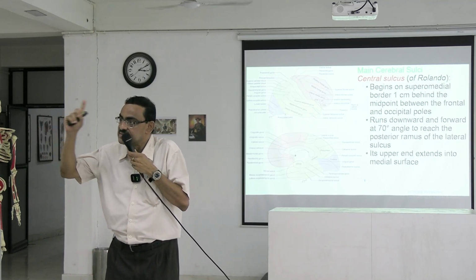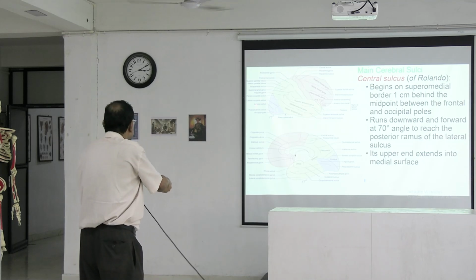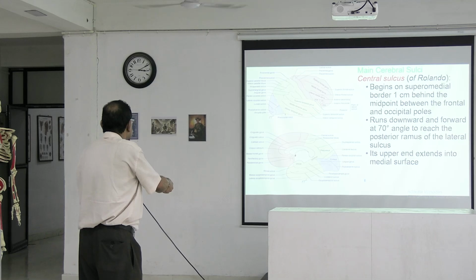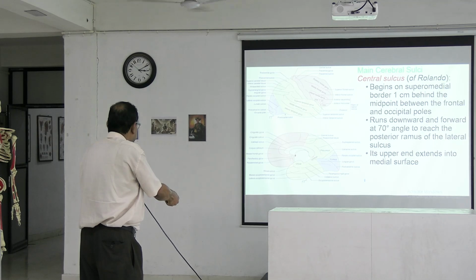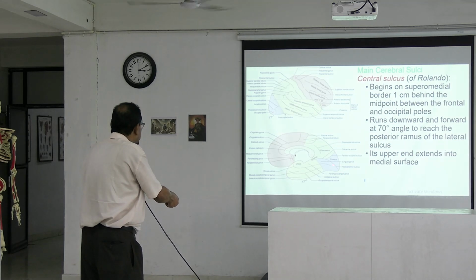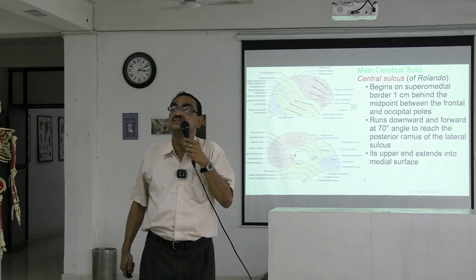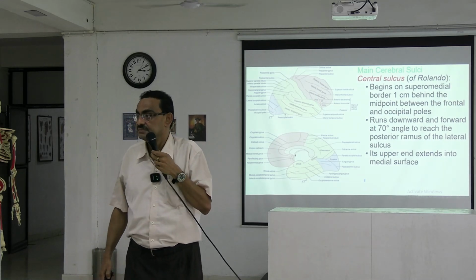I will come to this area. Here we are getting one sulcus, which is called the calcarine sulcus, more prominent on the medial surface, with the post-calcarine sulcus. And around this sulcus, the visual area is oriented.